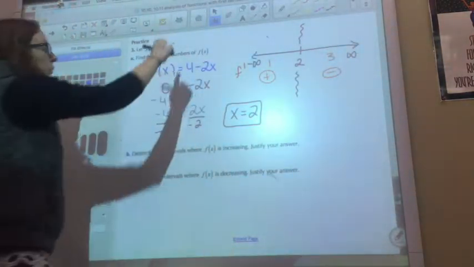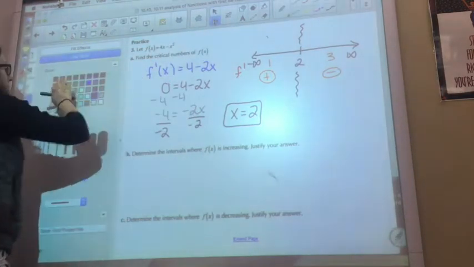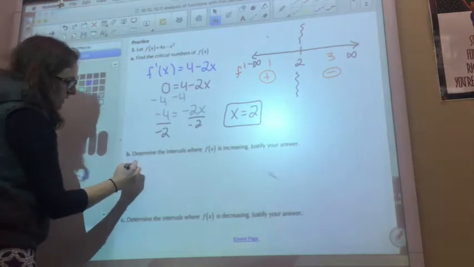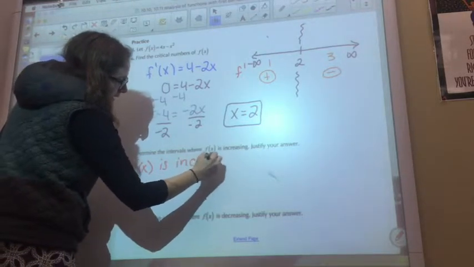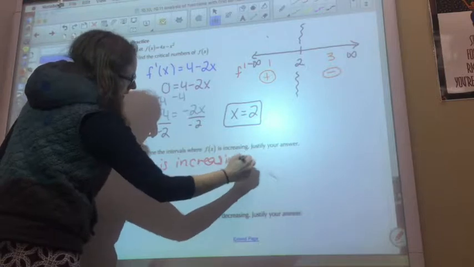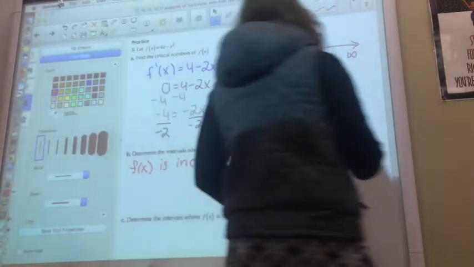And so where is f of x increasing? What interval is f of x increasing on? Negative infinity to 2.